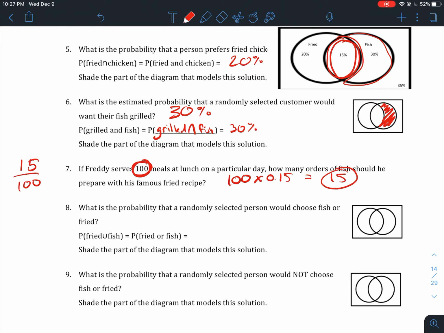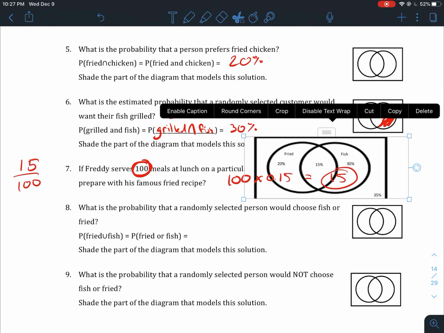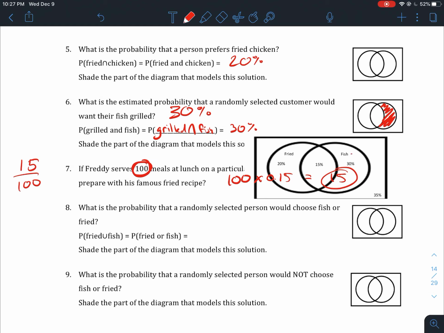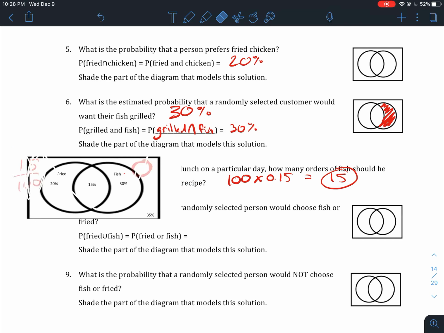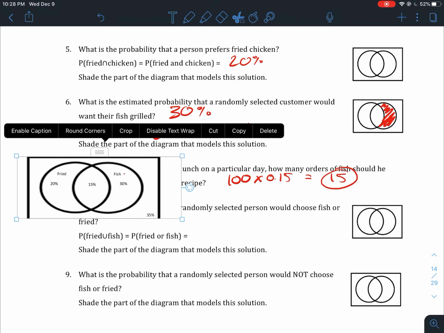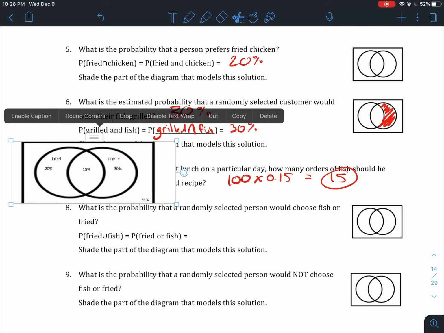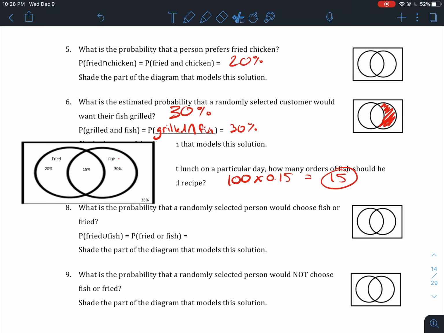Next it says, what is the probability that a randomly selected person would choose fish or fried? This one is a little bit different. This is fish, and this is fried.